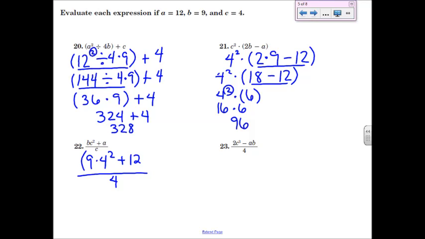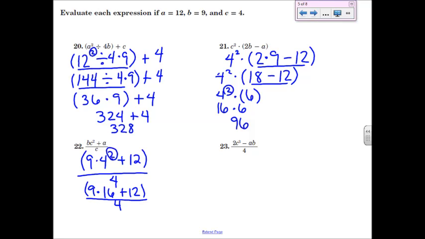And again, I'm going to treat them like they have parentheses around them. So inside the parentheses, I have an exponent that comes first. So I'm going to have 9 times 16 plus 12 over 4.